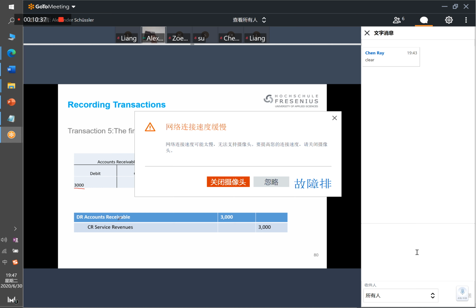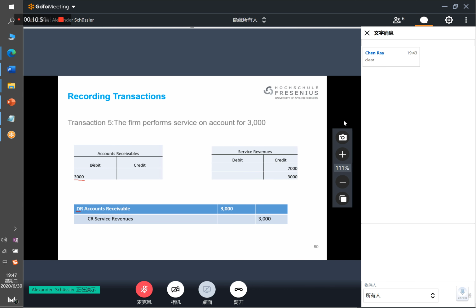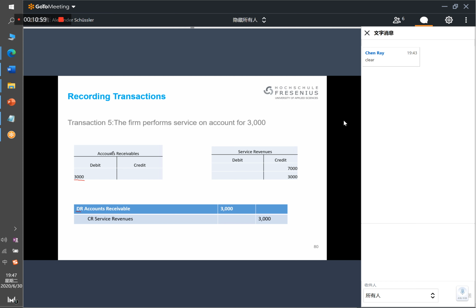Let's start with the journal entry. We debit accounts receivable at 3,000, and we credit service revenue by 3,000. So when you debit accounts receivable by 3,000, accounts receivable goes up.